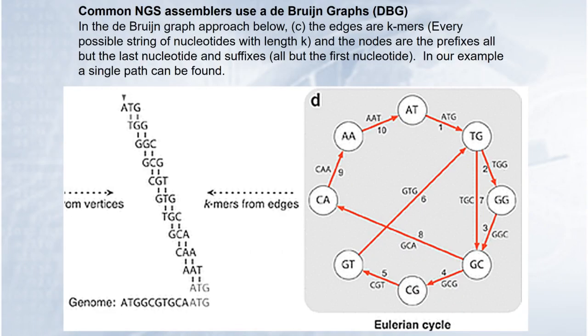So I want to talk about this, without getting too super technical, about what actually takes place, because it's important, again, in terms of understanding the way these algorithms that are going to build these assemblies are going to work. And so this is a very simplified version of this. And so the general approach used for these so-called next generation sequencing assemblers is what's called a de Bruijn graph.